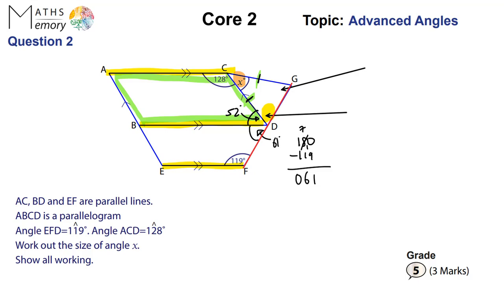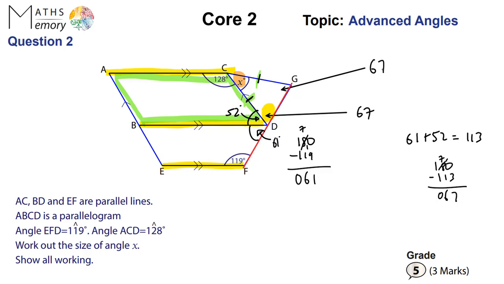So therefore, we can say 61 plus 52 is going to be 113, and 180 take away 113 will give us the answer. The same way we did before, 10 take away 3 is 7, 7 take away 1 is 6, so 67. This is 67 degrees, angle CDG.